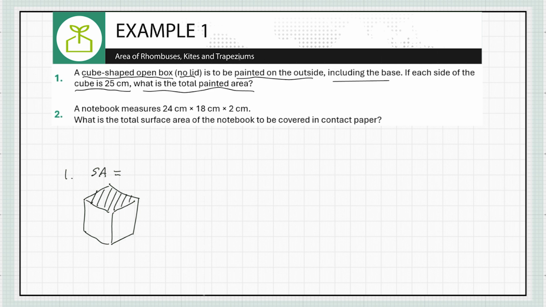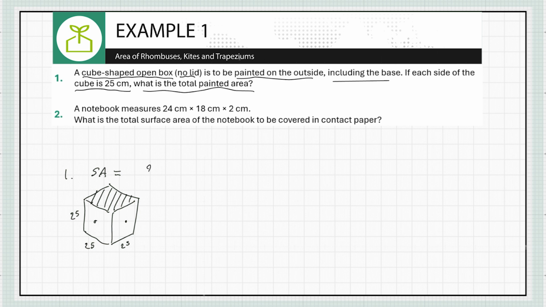That means we're still going to have a pair of sides here, still going to have a pair of sides here, but when it comes to the base, we're going to do only one face. We know it's a 25 centimeter cube, so every single side is equal to 25 centimeters and the height is equal to 25 centimeters.